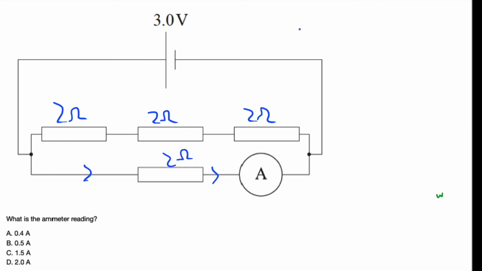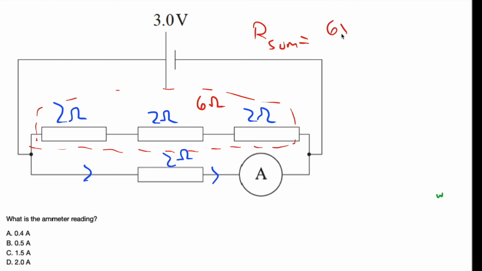The upper part is going to be equal to 6 ohm. The lower part is going to be equal to 2 ohm, right? So R sum is going to be equal to 6 times 2 over 6 plus 2, which is equal to 1.5. Right?